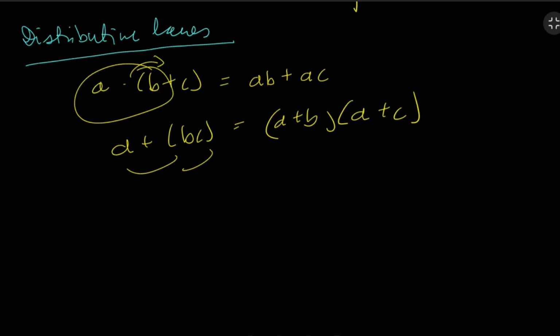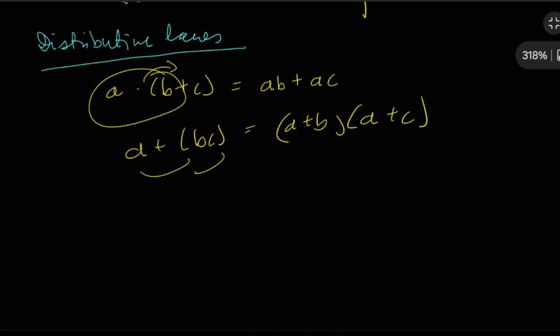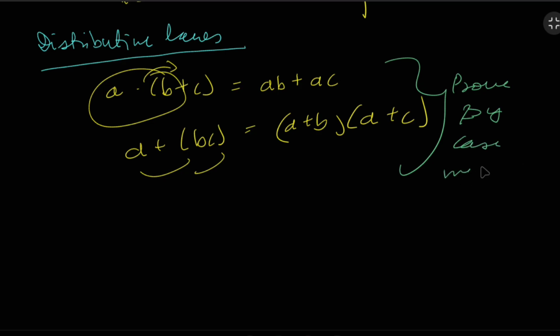And how will you prove it? By case method, again. You can try it by yourself. You should be confident enough now to do it by yourself. Let me do the second one first, you try the other one.